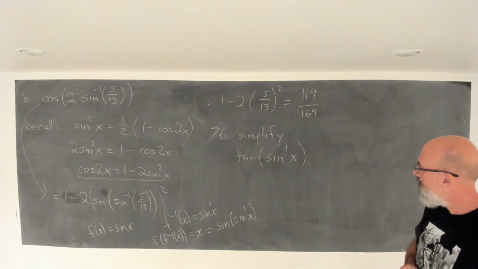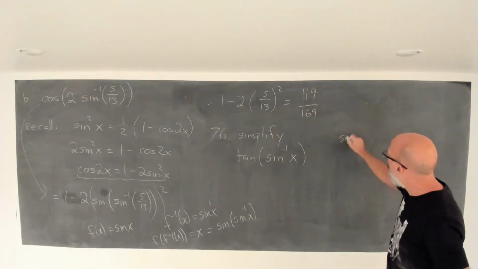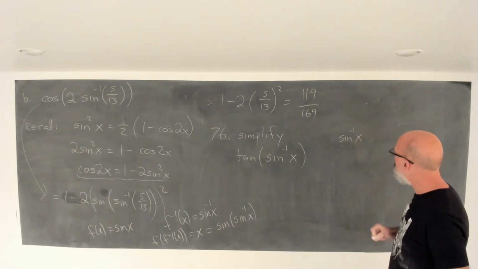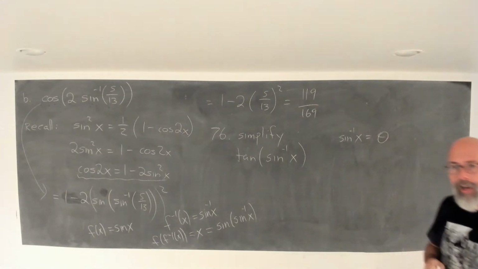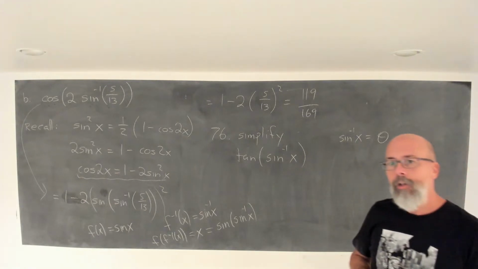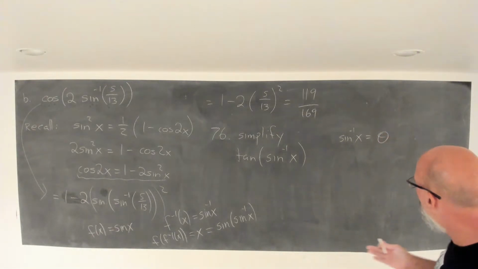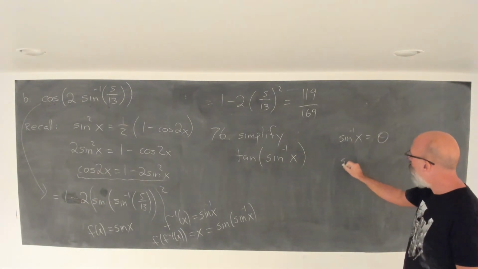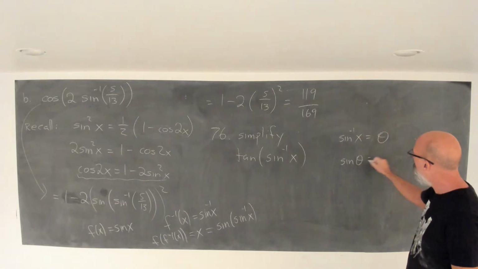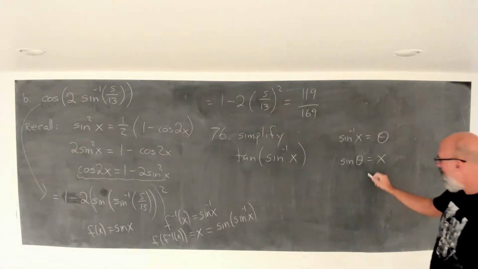Isabel is suggesting secant, maybe. Let's see. Let's start with inverse sine of x. We don't know what that is. So let's call it theta. This is equivalent to asking for what value of theta is sine theta equal to x.